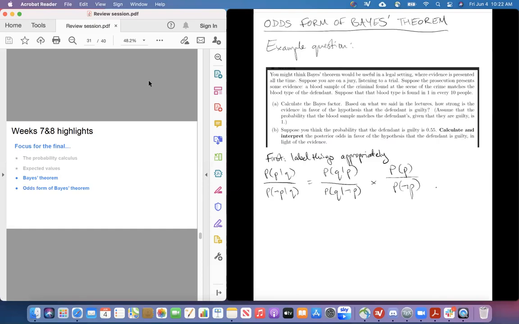Q here is the evidence. P is one of your hypotheses, not P is your other hypothesis. So we're going to label things appropriately so we can start working with this theorem.